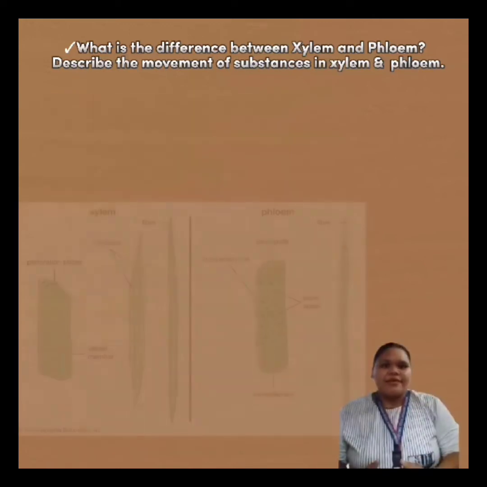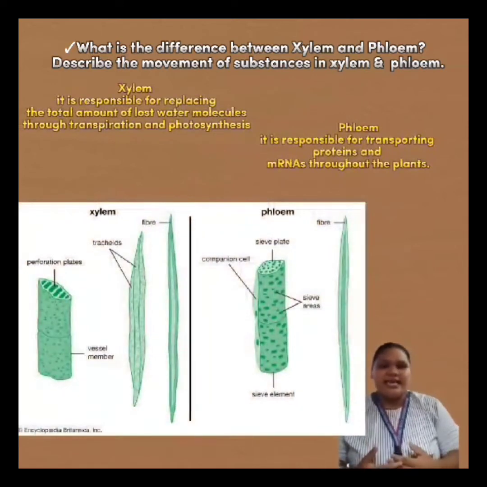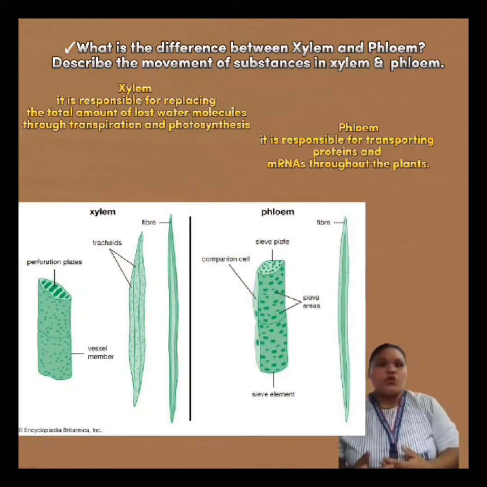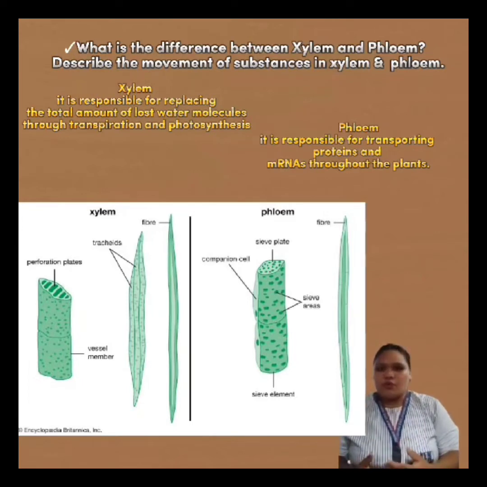The xylem is responsible for replacing the lost water molecules through transpiration and photosynthesis, while phloem is responsible for transporting proteins and mRNA throughout the plant.